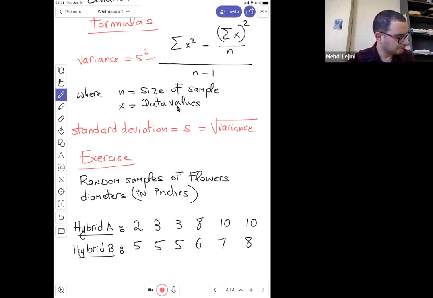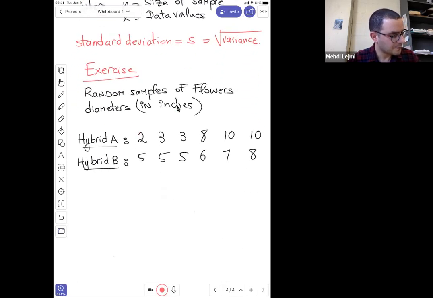Well, let me ask you guys first. The question here is we're going to compute the standard deviation of hybrid A and the standard deviation of hybrid B. Now, what do you think? What will be your guess?